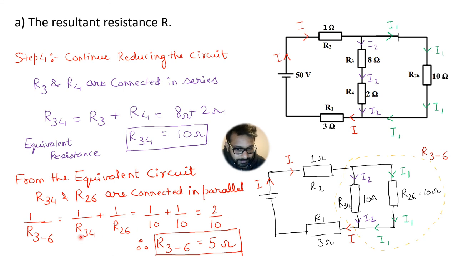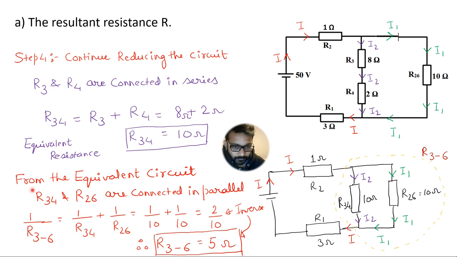What I get is 1 divided by R3-6 is 2 divided by 10, which is 1 divided by 5, right? After doing this calculation, I have to take the inverse. Don't forget to take the inverse. This is 1 divided by R3-6, so if I take the inverse, I will get R3-6 equal to 5 ohms.